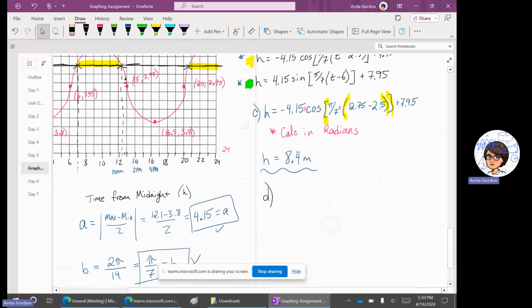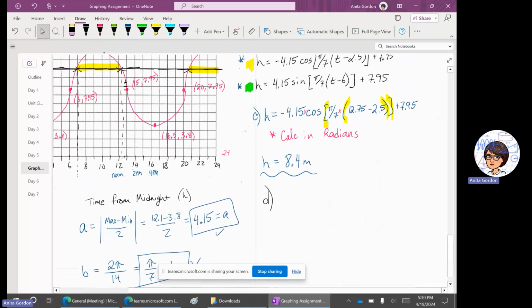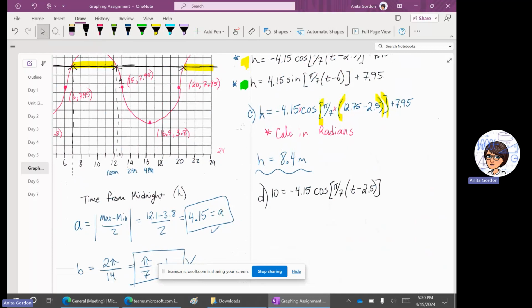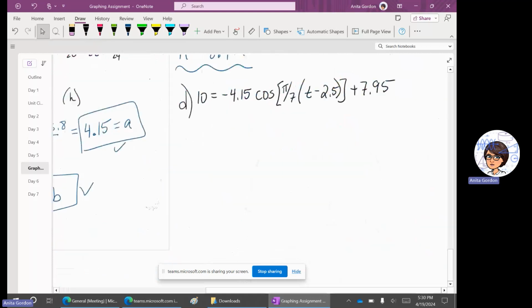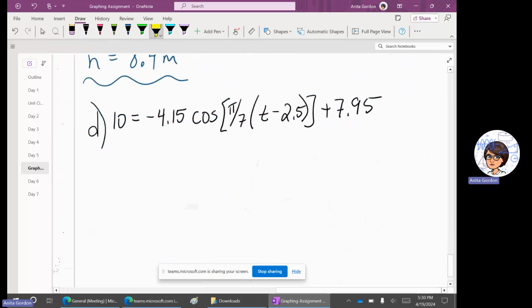So again, I'm going to keep using the equation I started with, but instead of h equals, it's now 10 equals negative 4.15 cosine(pi/7 (t minus 2.5)) plus 7.95. Now we're going to essentially work backwards to find t.